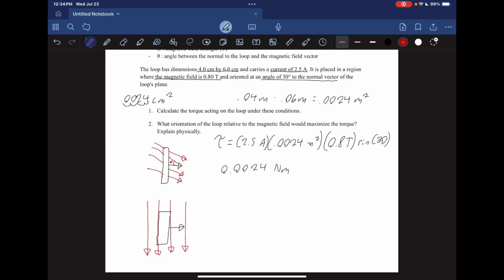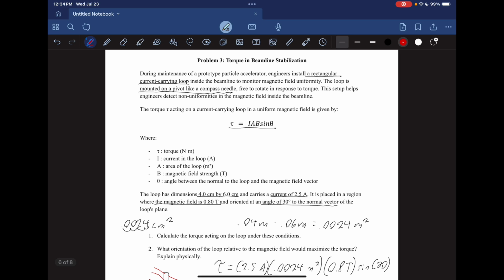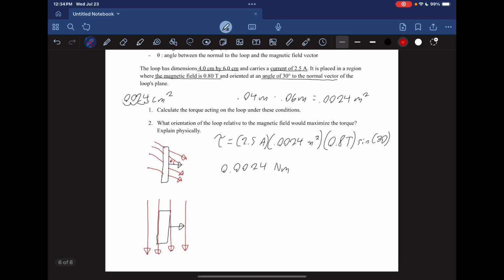And this creates the maximum torque because, remember, the current carrying loop is free to rotate in response to torque. And so it is going to cause it to rotate until it is perfectly parallel. The normal vector and the magnetic field vector are parallel with one another so that there's no torque.